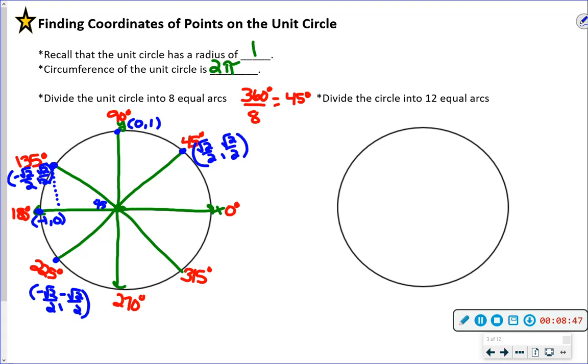We went down 1, so 0, negative 1. And then to get to our last point here, we had to go right and we'd go down. Positive, negative. So positive square root of 2 over 2, negative square root of 2 over 2. And of course at 0 here, you're at 1, 0, right 1.